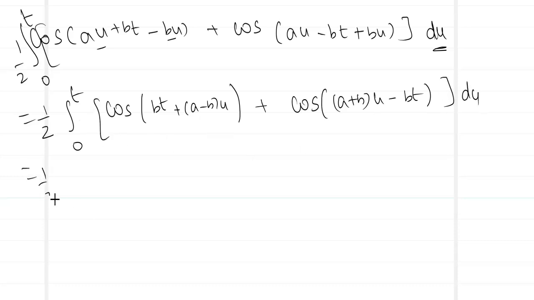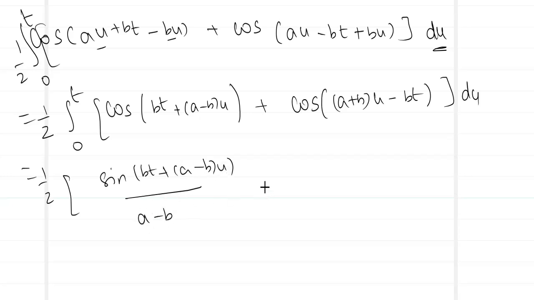On integration, cos theta gives me sin of bt plus (a minus b) times u. With respect to integration, the coefficient of u is a minus b, so it becomes a minus b in the denominator. For the second term, cos on integration gives sin of (a plus b) times u minus bt, divided by the coefficient of u, a plus b.